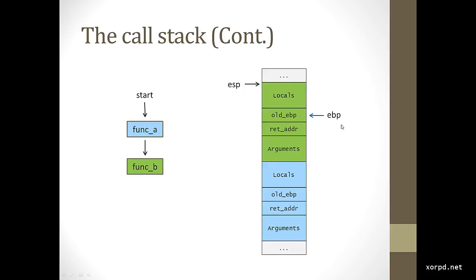And currently EBP points here, and ESP points here, to the last of the locals. Usually this part is going to be referred to as func_a's frame, and this part is called func_b's frame.